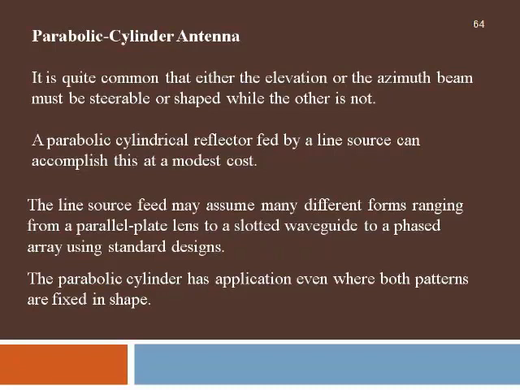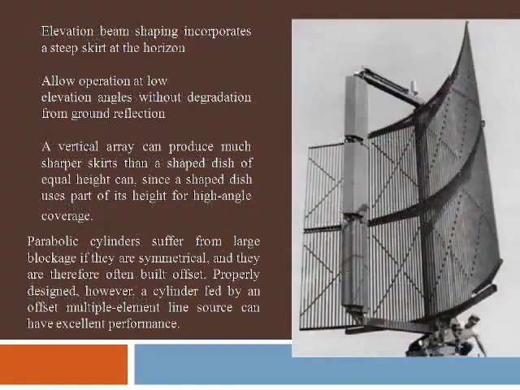The line source feed may assume many different forms ranging from a parallel plate lens to a slotted waveguide to a phased array using standard designs. The parabolic cylinder has application even where both patterns are fixed in shape. In the diagram here, you can see a parabolic cylinder.